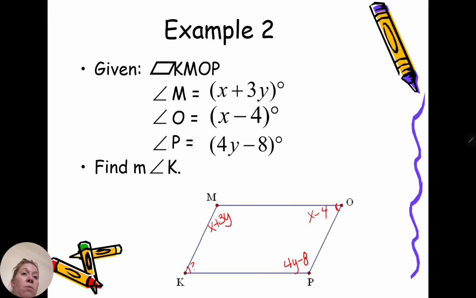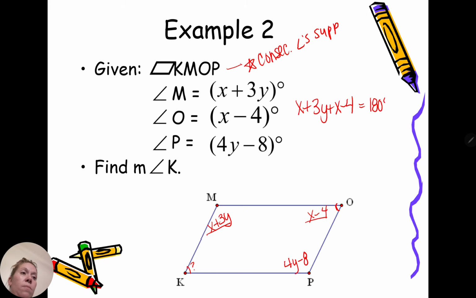We're going to have to use a couple of different angle relationships. We know that consecutive angles are supplementary. That is one of our properties. So I'm going to set up two equations using that relationship. x plus 3y plus x minus 4 is equal to 180 degrees.